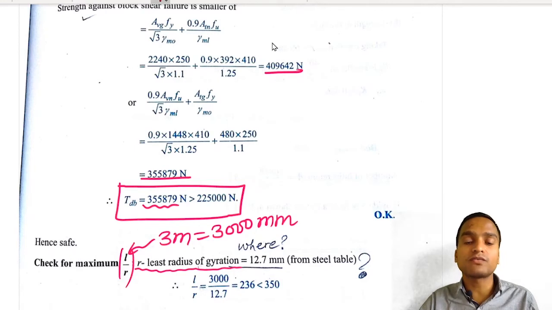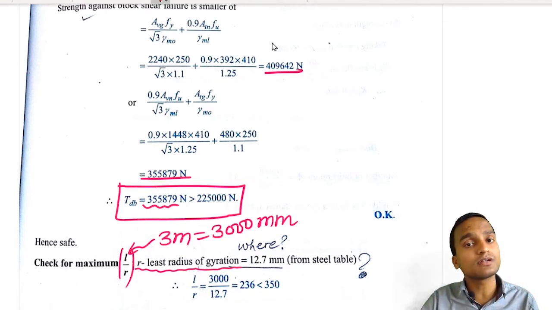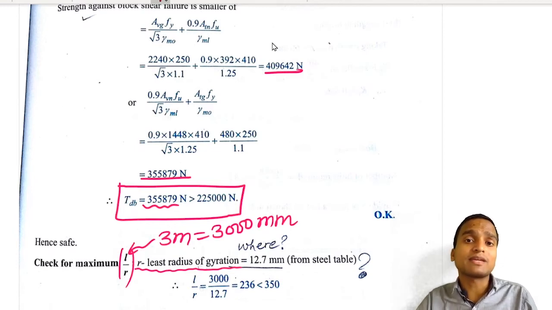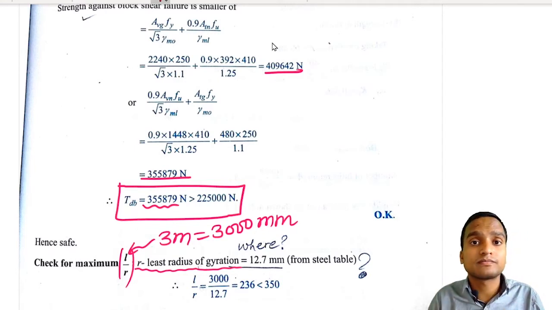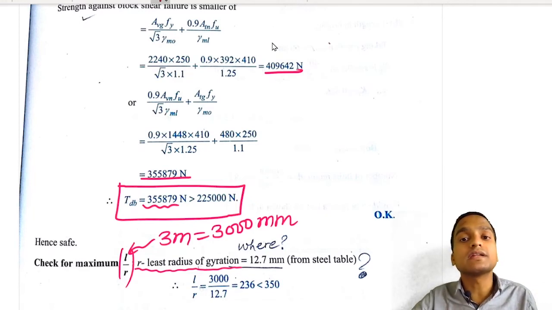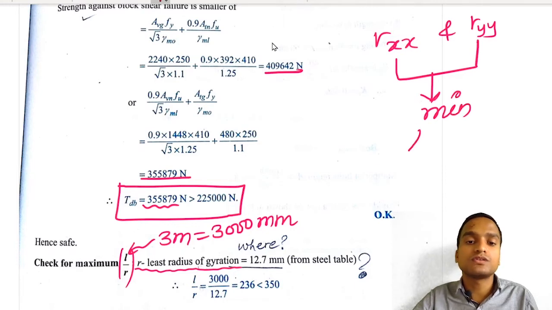So maximum value of L by R will occur when we use the minimum value of radius of gyration, because radius of gyration is in denominator. So here we have to use minimum value of radius of gyration so that we can get a maximum value of L by R. Okay, so minimum value of radius of gyration is obtained from steel table only, because in a steel table there are radius of gyration also given along both the axis XX and YY axis, and whichever is minimum of these 2 is used here.